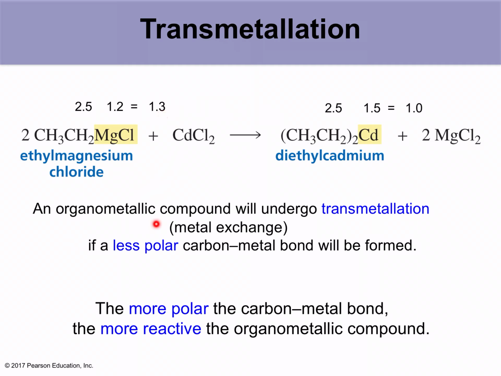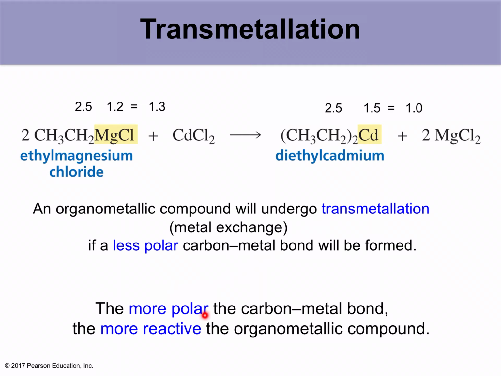An organometallic compound will undergo transmetallation, or metal exchange, if a less polar carbon metal bond will be formed. So this is a more polar carbon metal bond, and with cadmium it forms a less polar carbon metal bond. If that is possible, then it would undergo transmetallation.